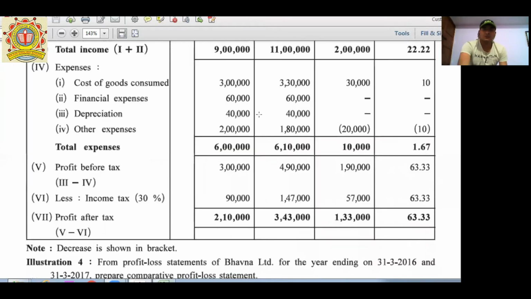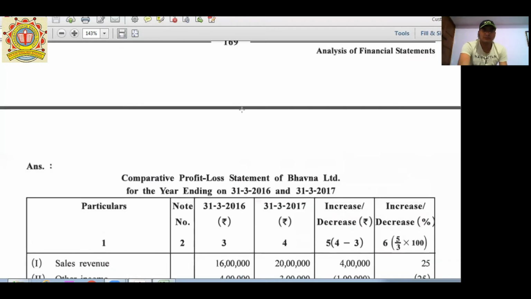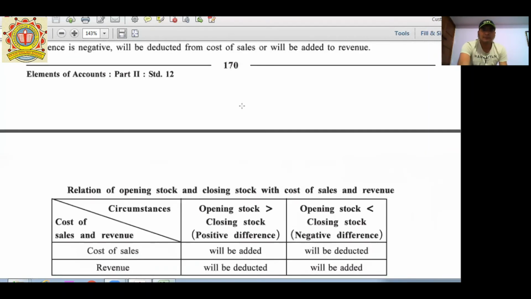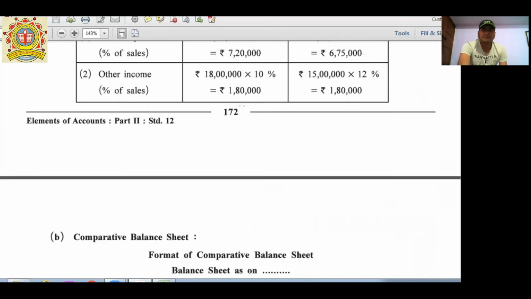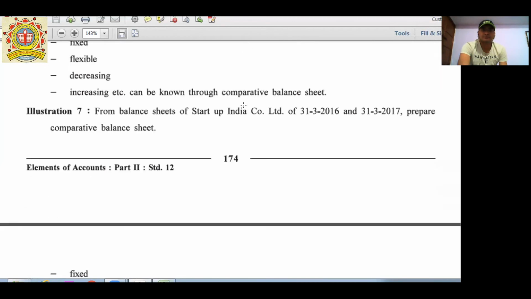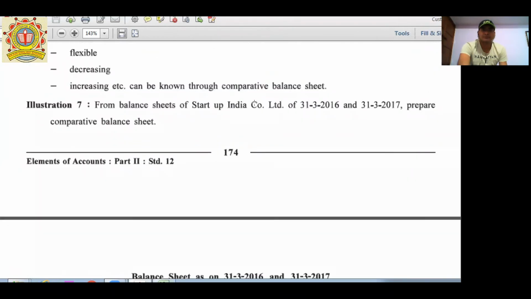So from your textbook, balance sheet sum, that is in illustration number 7, page number 174.